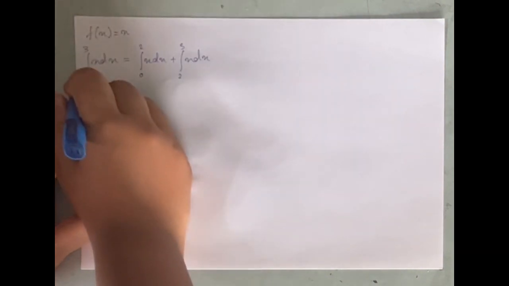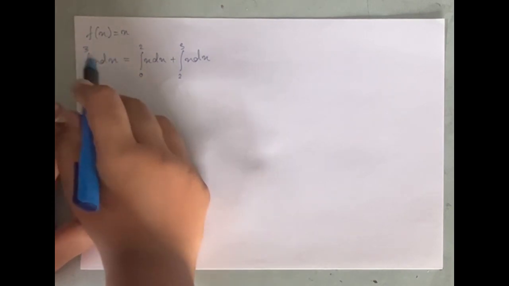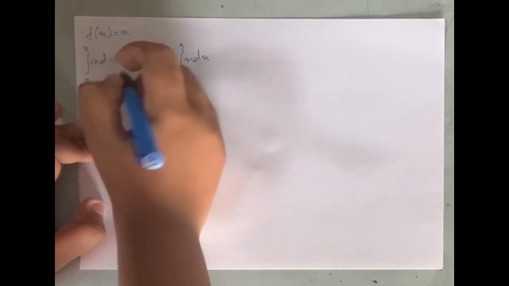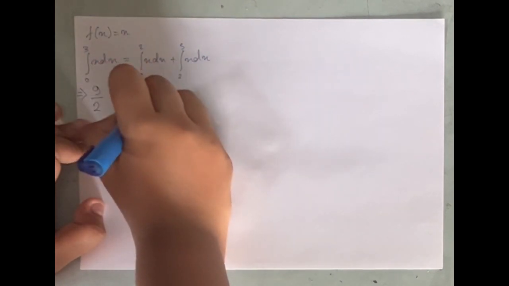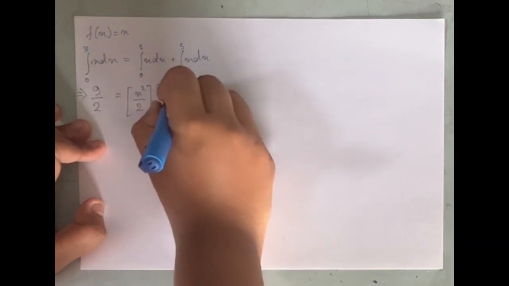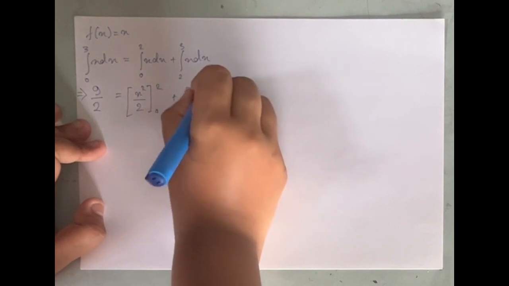We have seen in the previous example that the 0 to 3 x dx integration is 9 by 2, and here it would be the same: x square by 2 from 0 to 2 plus x square by 2 from 2 to 3.